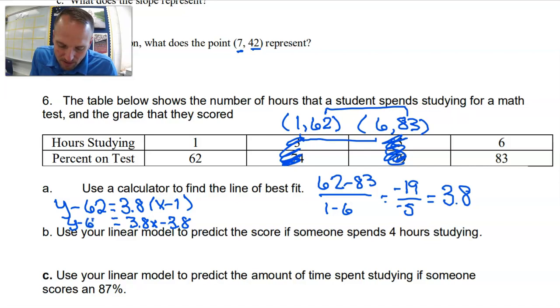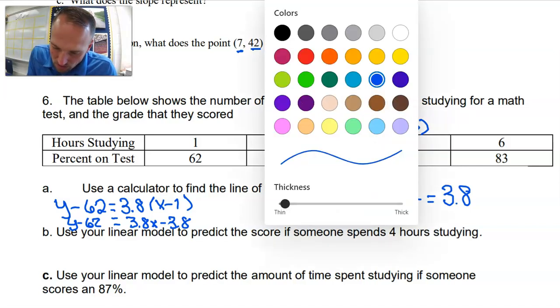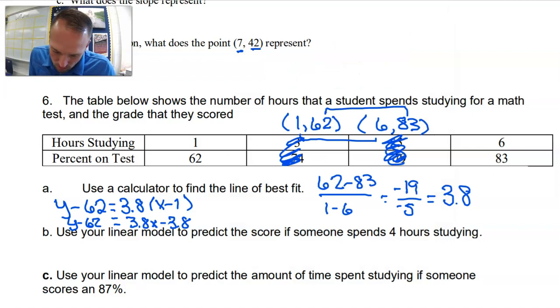Last step, add the 62 over, and we're going to have this equation here. I'm going to write it in red so that we don't lose it. When I add the 62 over, y equals 3.8x plus 58.2. That's our line of best fit.